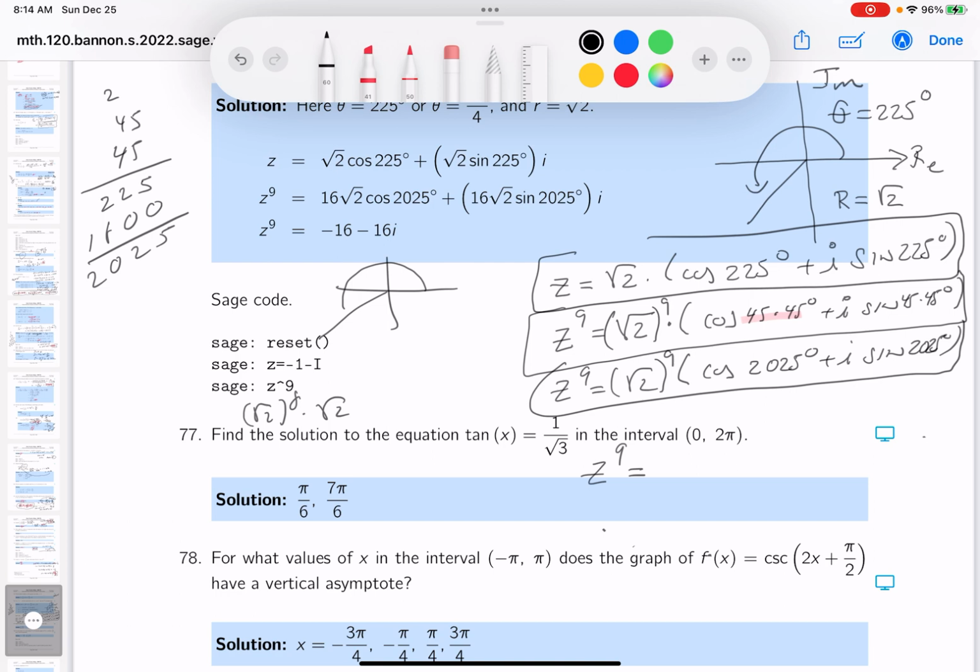And that's going to be 2 to the 4. 2 times 2 is 4, 8, 16. And now I'm going to do the cosine of 2025. And I'm over here now. And what would that give me? Let's see, minus 1 over root 2 plus i times minus 1 over root 2. Let's simplify that. And Z^9 is going to give you minus 16 and minus 16i.